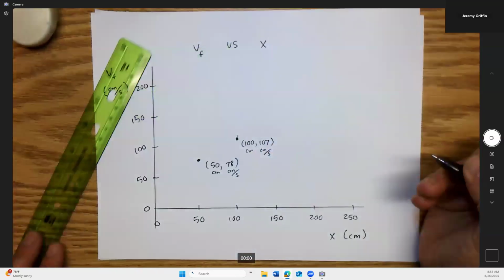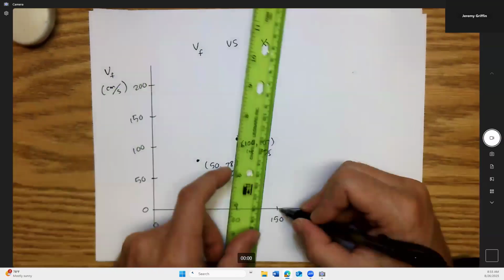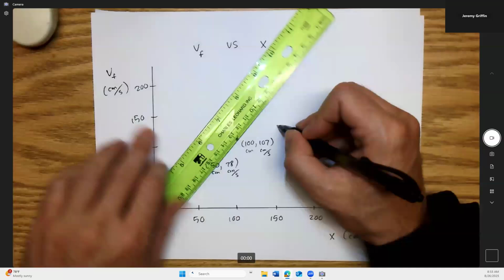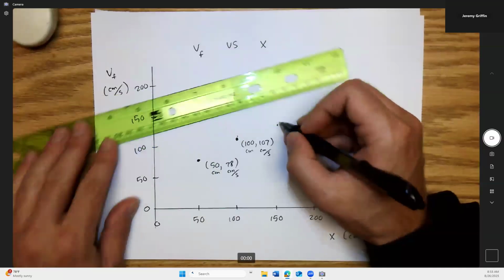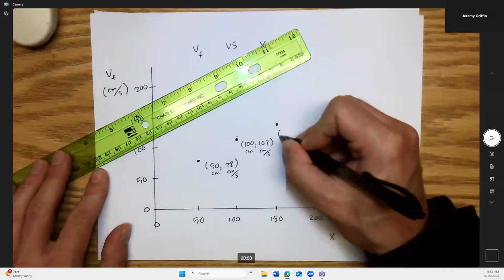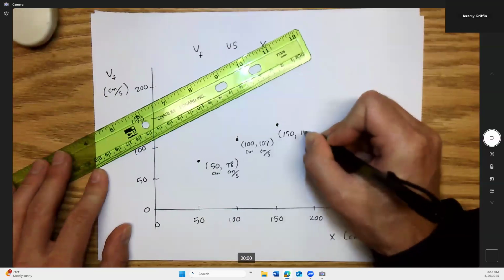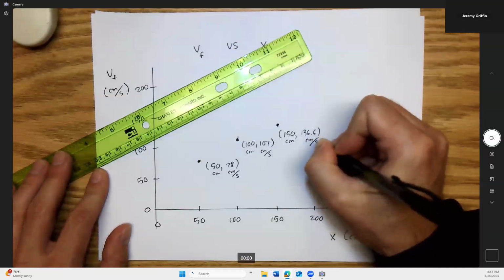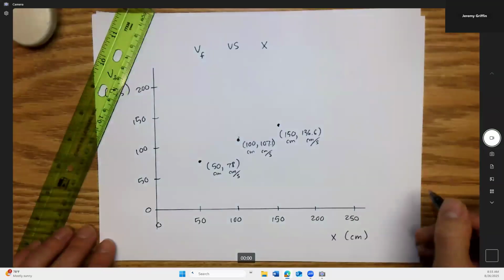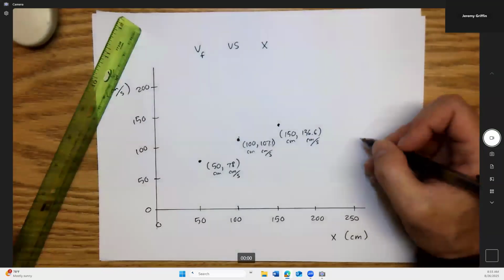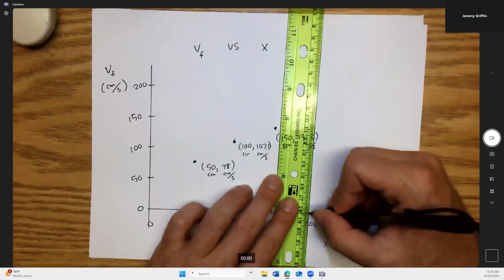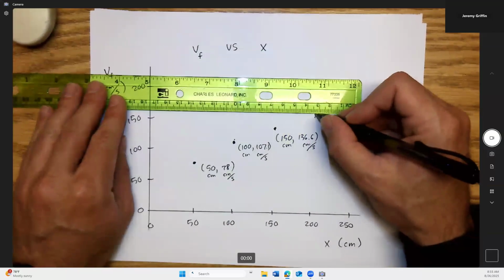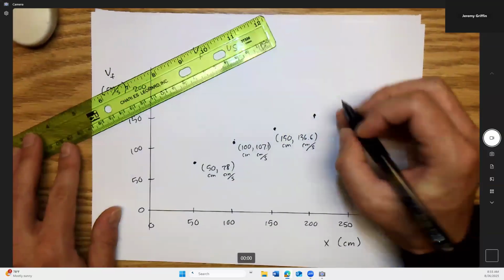All right, next one. At 150, it was 136.6. So 150, 136, centimeters per second. All right, next one. At 200, it was 157.3. Right there.